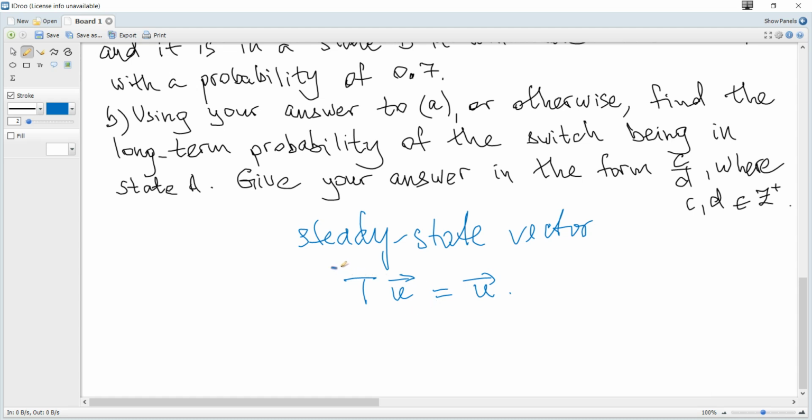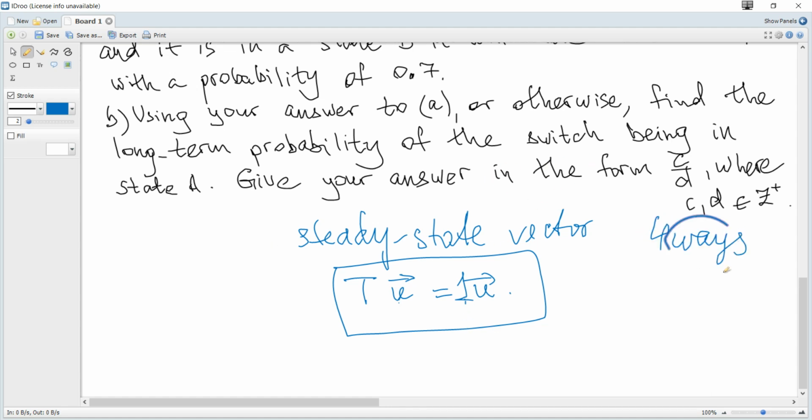And how to find it? You can see that it's absolutely the same as a problem of finding the eigenvector corresponding to eigenvalue of 1. There are 4 ways to find the steady state vector, and one of them is to find the eigenvector corresponding to eigenvalue of 1.